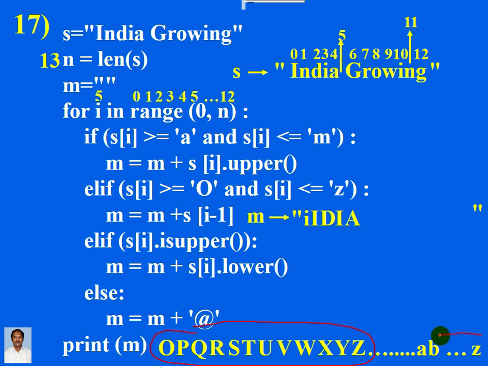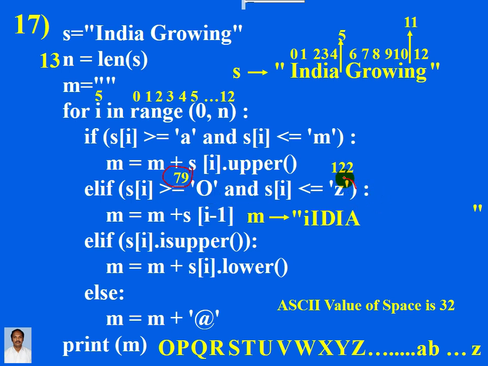Similarly, space. It is not present here. Space. Is it present in this region? So for that, you need to know the ASCII value. So what is the ASCII value for capital O? For capital A, the ASCII value is 65. So you can calculate the ASCII value for capital O. It will be 79.